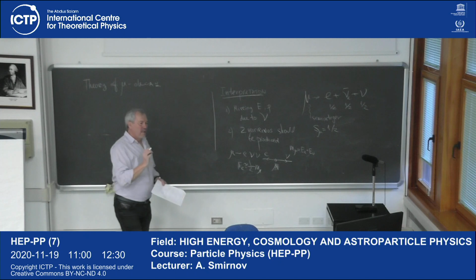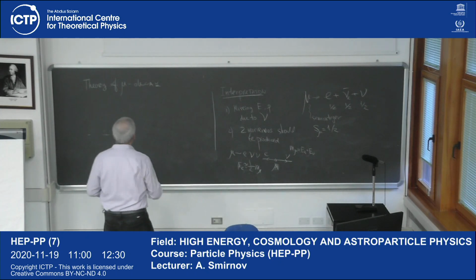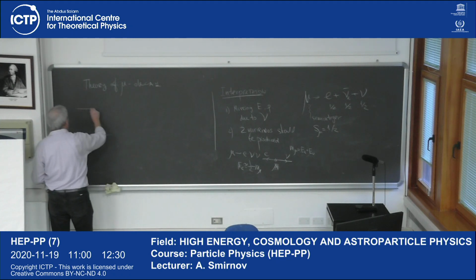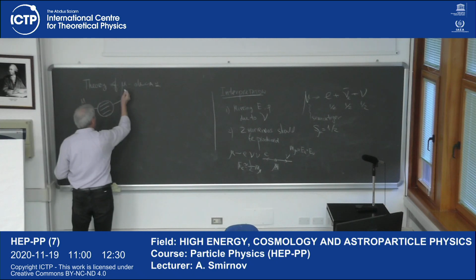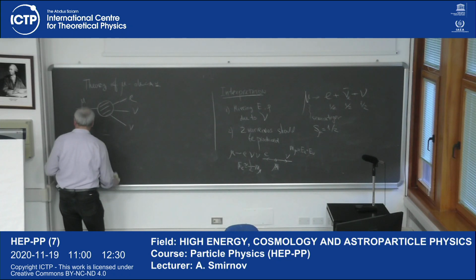And see, now we make another step in the construction of the standard model. So what we have: a muon in the initial state, which is transformed into an electron, a neutrino, and another neutrino.